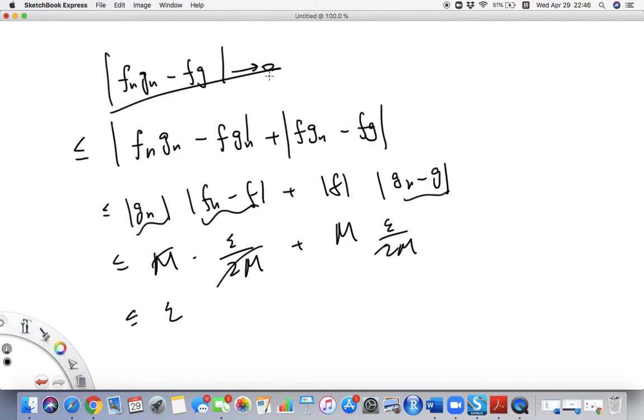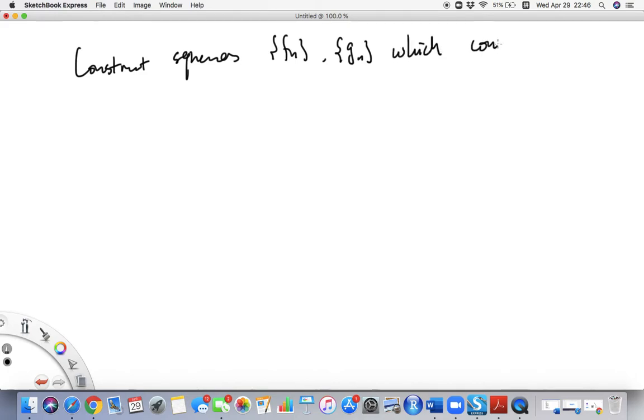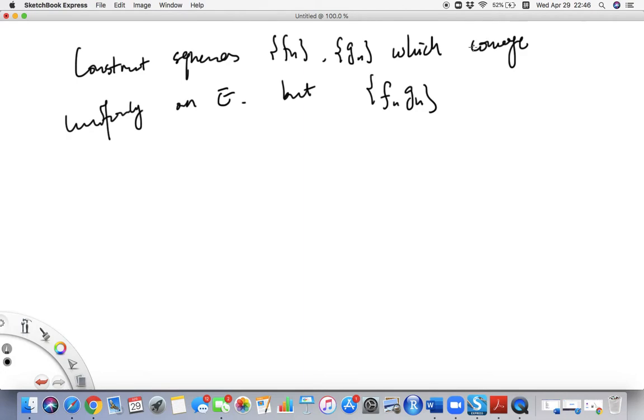Okay, so next, construct sequences fn, gn, which converge uniformly on some set E, but the product does not converge uniformly on E. Okay, first of all, they have to converge, right?